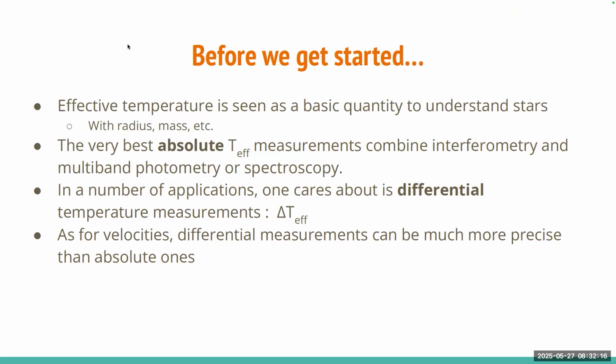The very best absolute temperatures are derived from interferometry, combined with parallax and so on. Here we'll be discussing differential measurement of the temperature, and I'll show you how we do that and how we got way better.